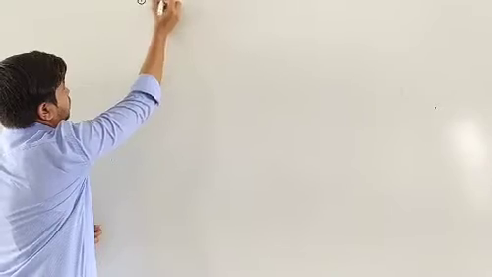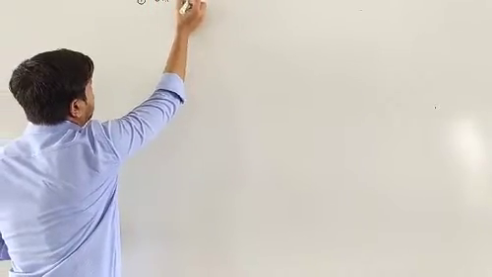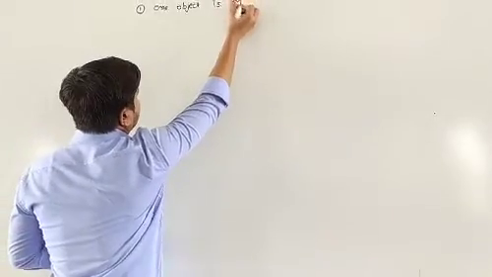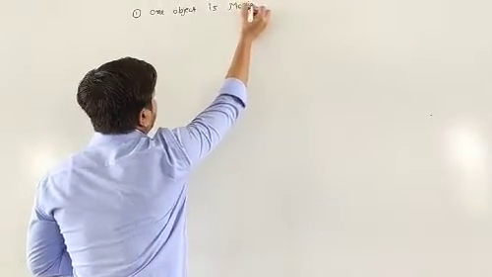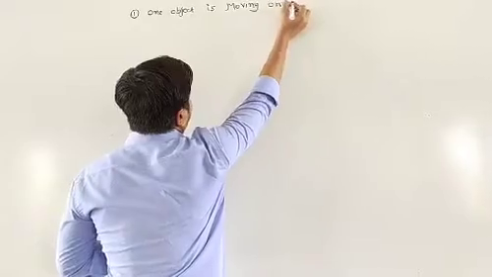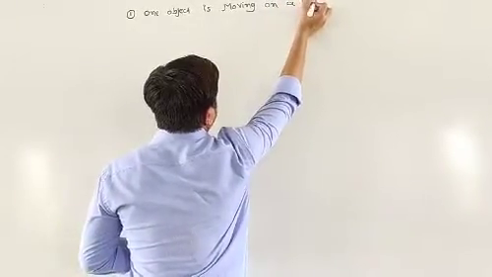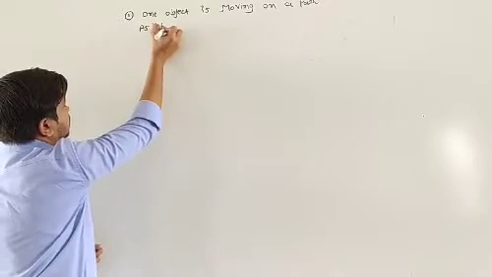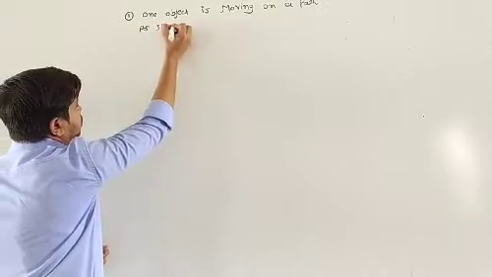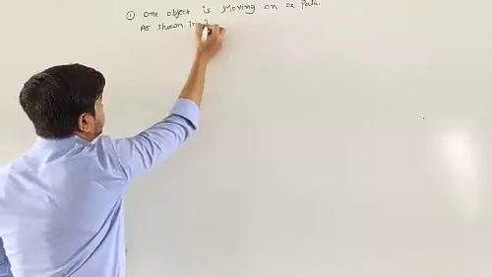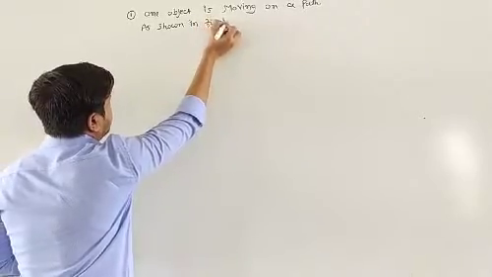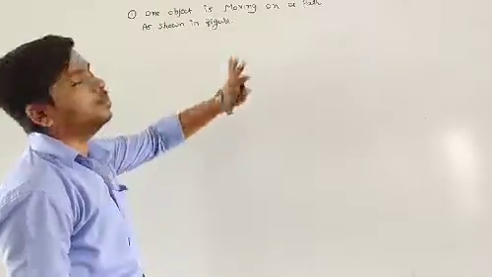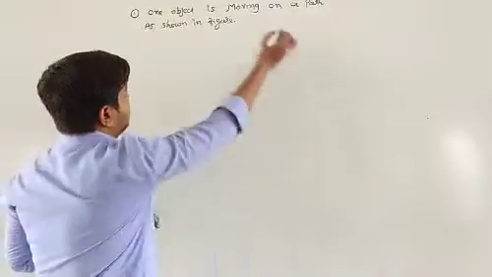One object is moving on a path as shown in the figure. Right? There is one path which is shown in the figure, and the object is moving on it. Okay?